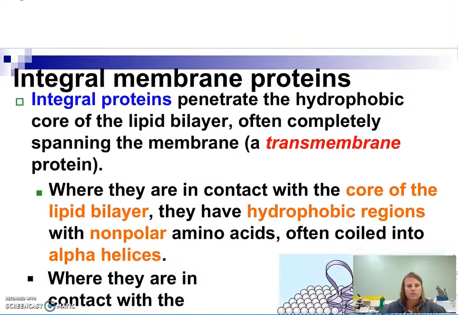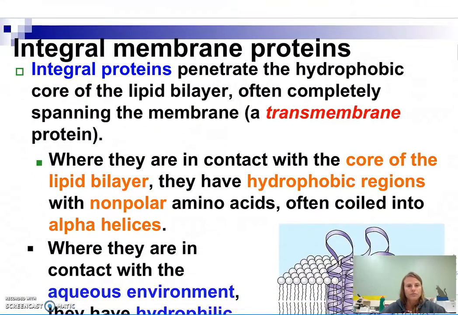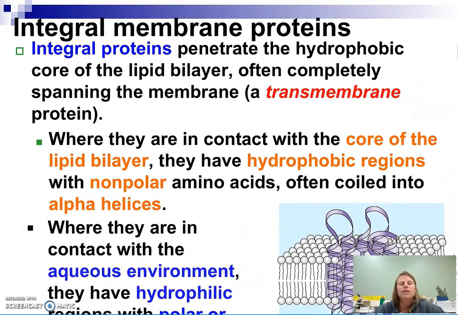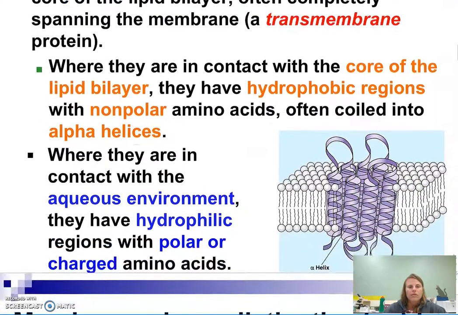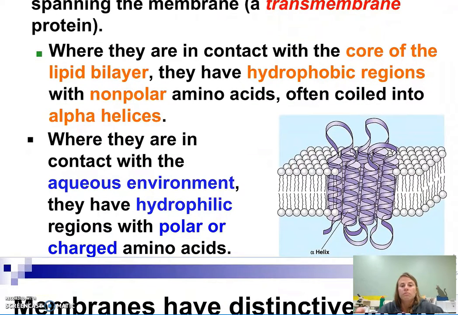So let's discuss a little bit more about the integral membrane proteins. They are transmembrane proteins. Sometimes they are known as intrinsic proteins, where they are in contact with both the inside and outside of the cell.